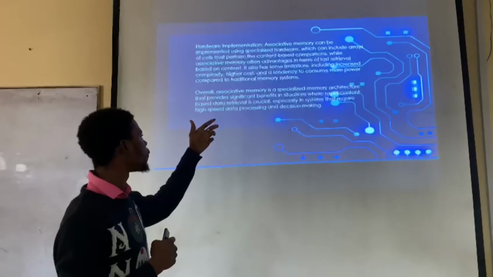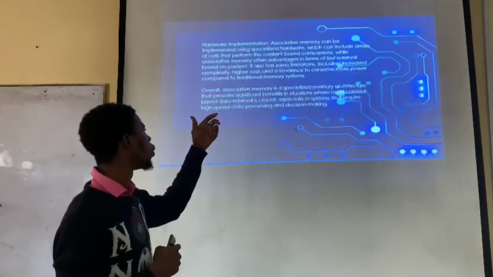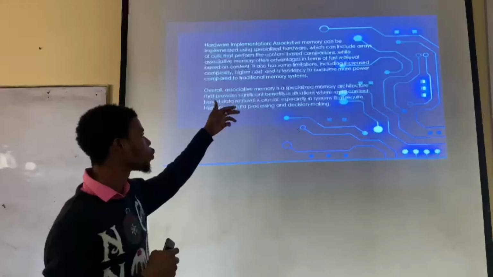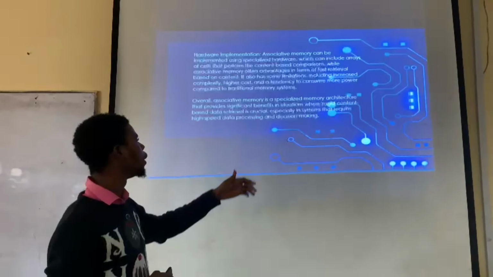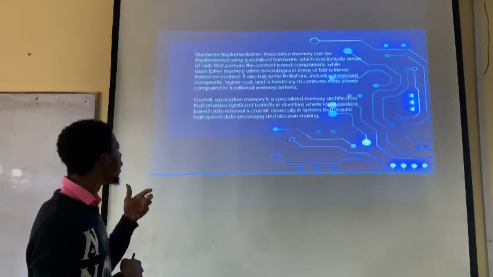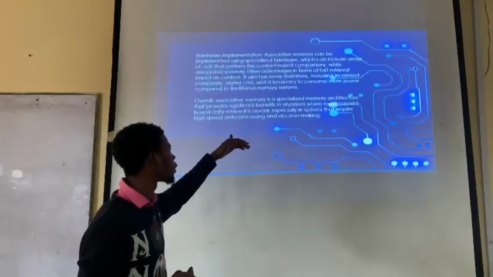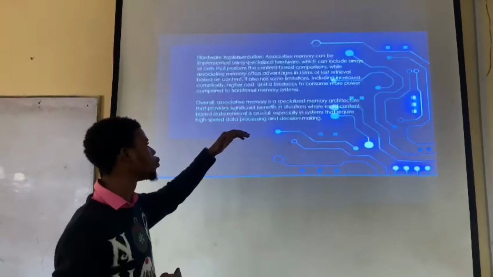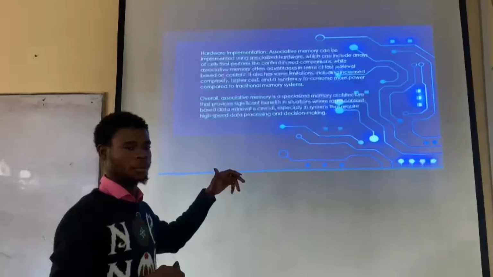While associative memory offers advantages in terms of fast retrieval based on content, it also has some limitations, including increased complexity, high cost, and the tendency to consume more power than traditional memory systems.